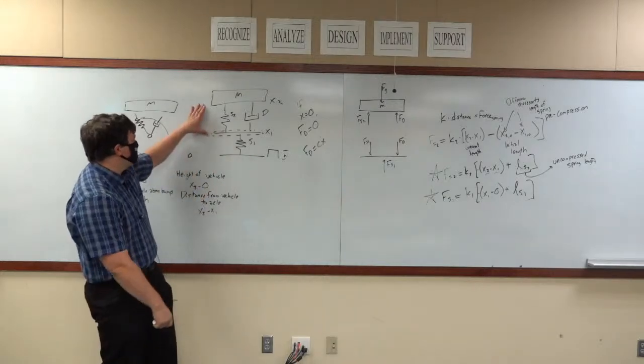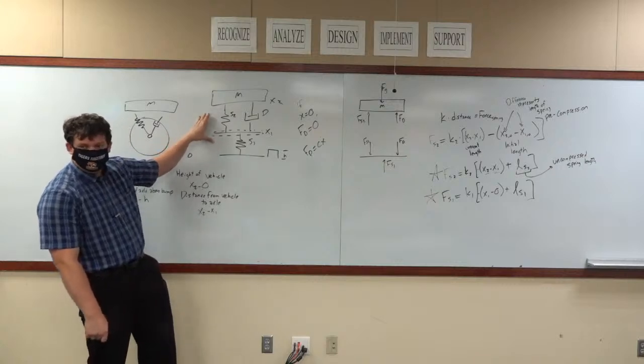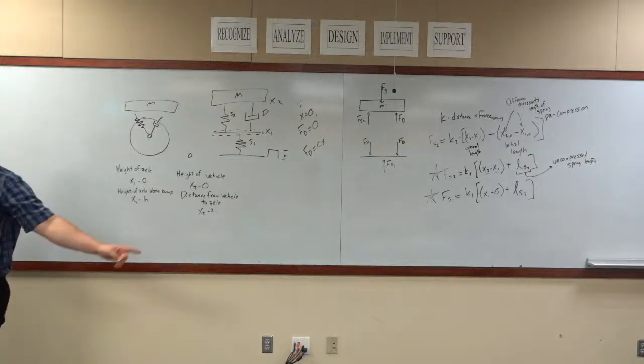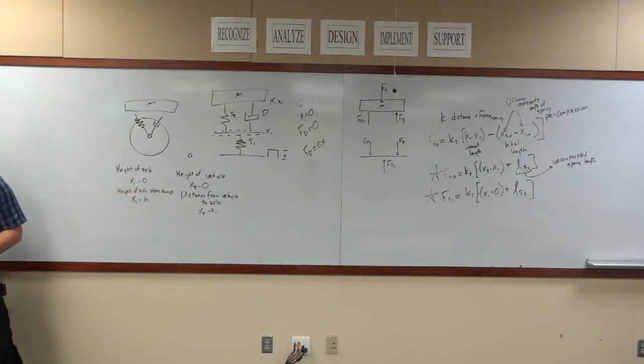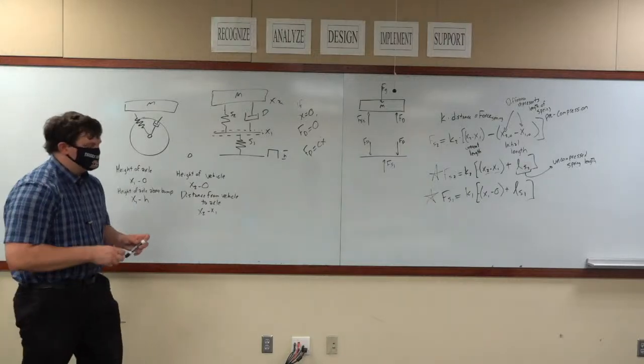If my axle and my vehicle are both bouncing up, but they're staying at the same height relative to each other, shouldn't there be a damping force because there's a velocity? It's a trick question. That's why all of you are giving me that look. You've had me for long enough.